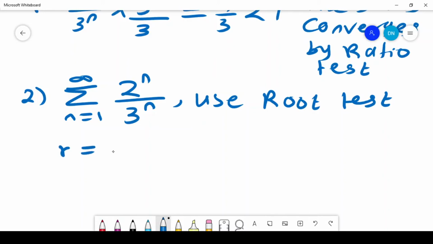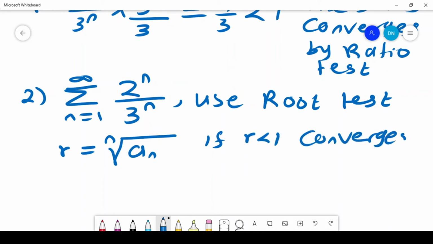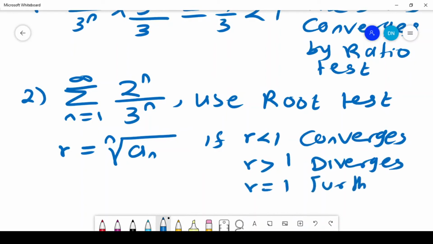R will be equal to the nth root of a(n). If R is less than 1, then the series converges. If R is greater than 1, it diverges, just like in the previous case. And if R is equal to 1, we need to do further testing. But today we are just looking at simple examples on how to test for convergence. So based on that, let's do the test.